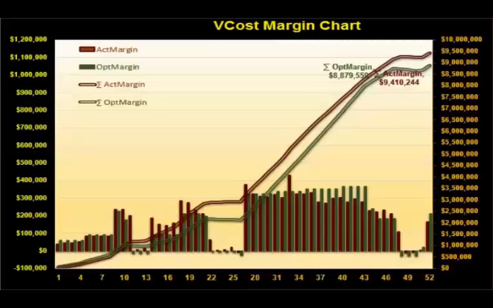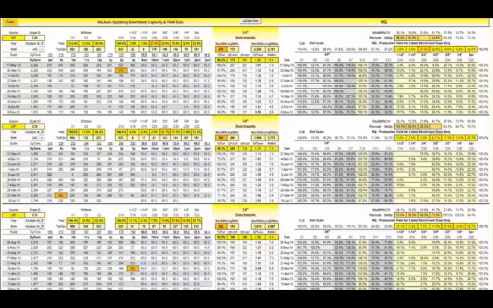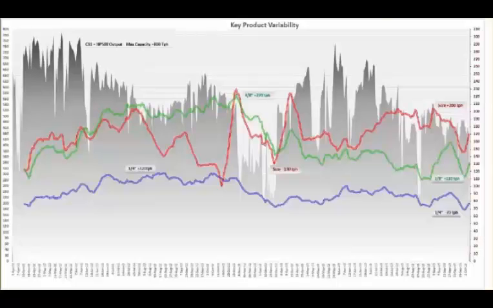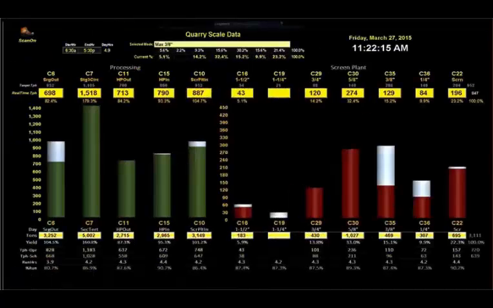Key features of the QuarryVision system include a historical database that precisely reveals performance benchmarks as well as hidden patterns, trends, process bottlenecks and undesirable variability. A real-time data interface which provides continuous performance feedback, including the ability to evaluate the effect of various plant configurations on key product and byproduct yield.